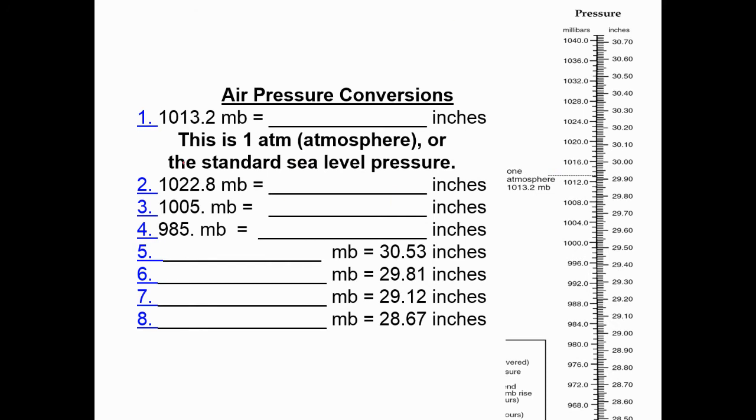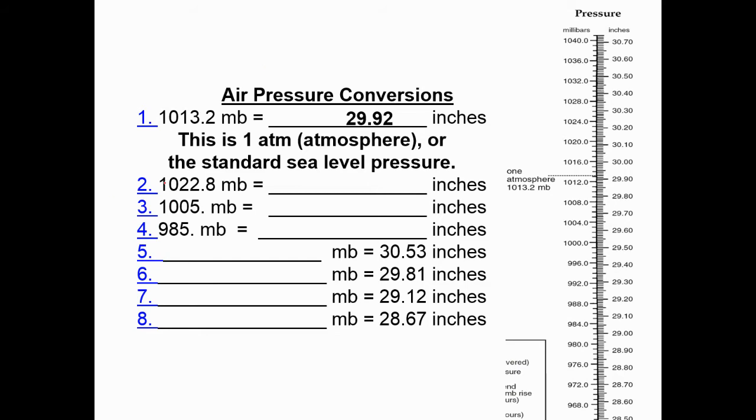Okay, so I did this first one with you. For our air pressure conversions, we said 1013.2 millibars equals how many inches? We said 1013.2 is 29.92 inches of mercury, or 1 atmosphere. This is standard at sea level.